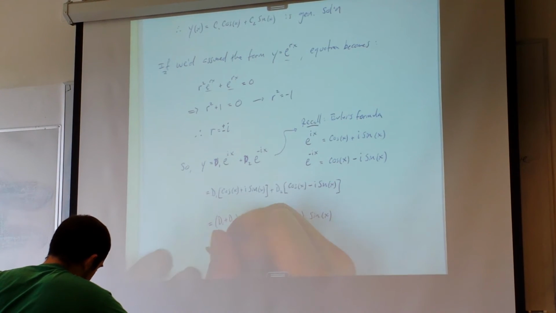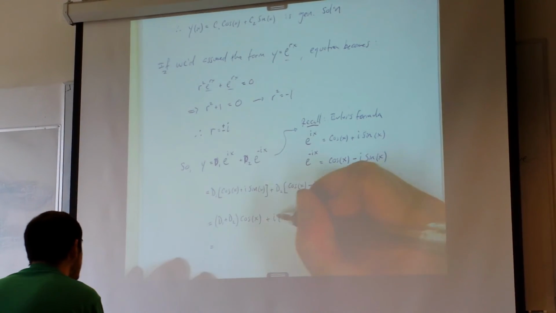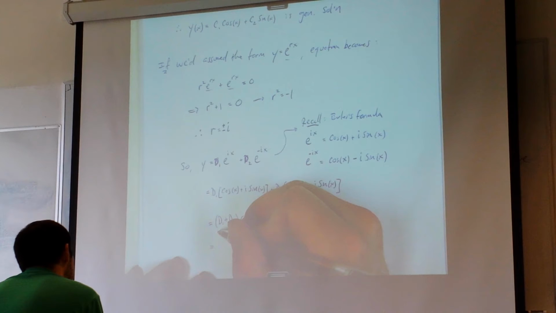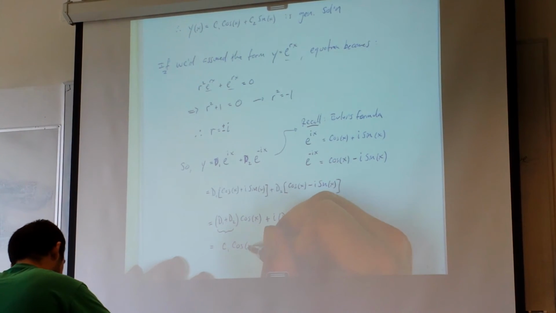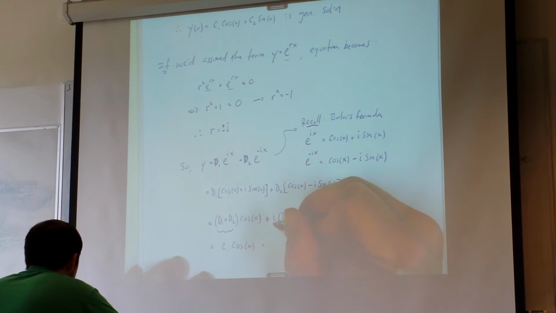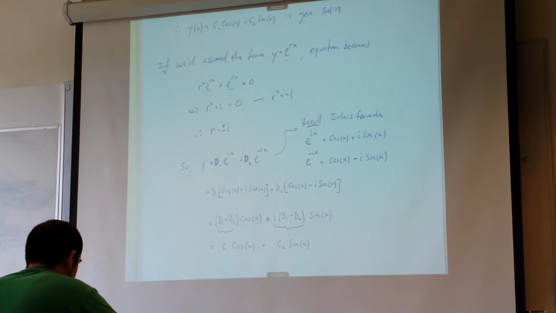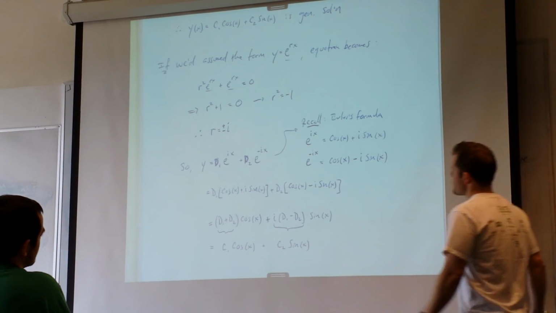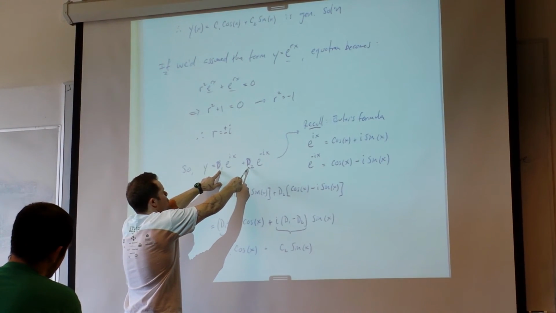Why doesn't the i go away? The i, oh, it's part of this coefficient. So I get c1 cosine x plus c2 sine x. Now this is the kind of interesting thing. d1 and d2 do not necessarily have to be real values, real coefficients.